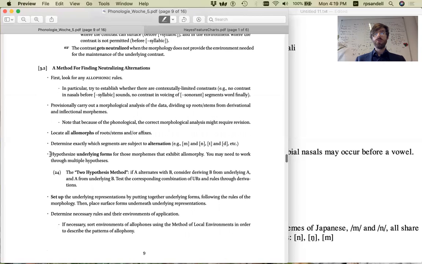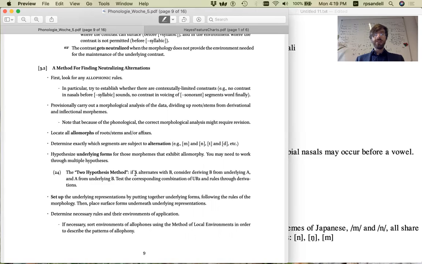At that point, we can make a hypothesis about what the underlying representation for the morphemes that exhibit allomorphy would be. And here, it may be necessary to apply multiple hypotheses. This procedure I like to call the two hypothesis method.